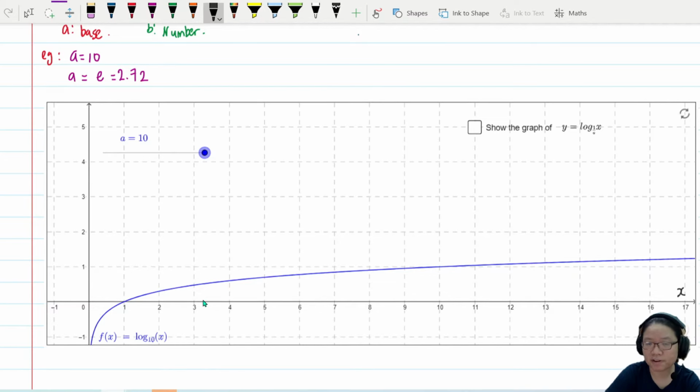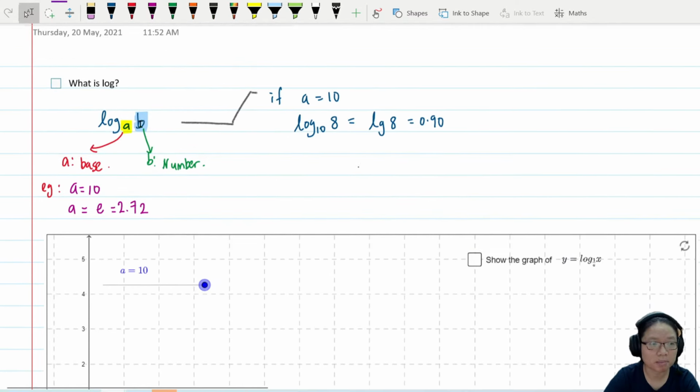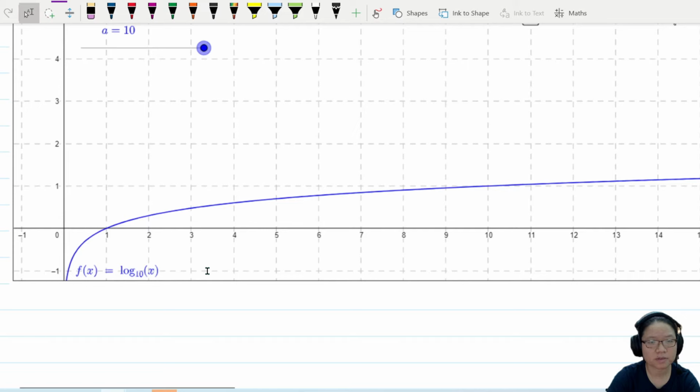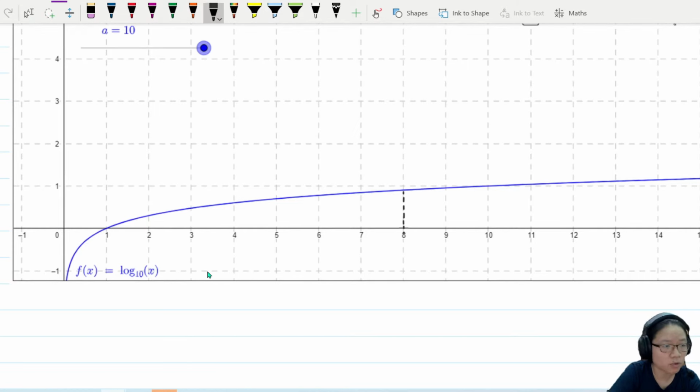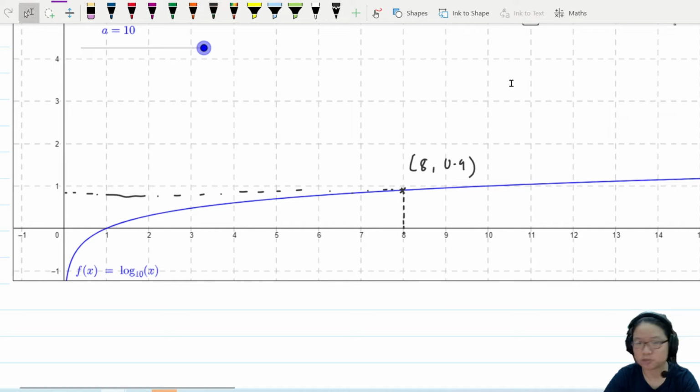If I want to find when my number b is 8, I go to 8. You can't read it, but it is somewhat believable that this coordinate is something along the lines of 0.9 ish.